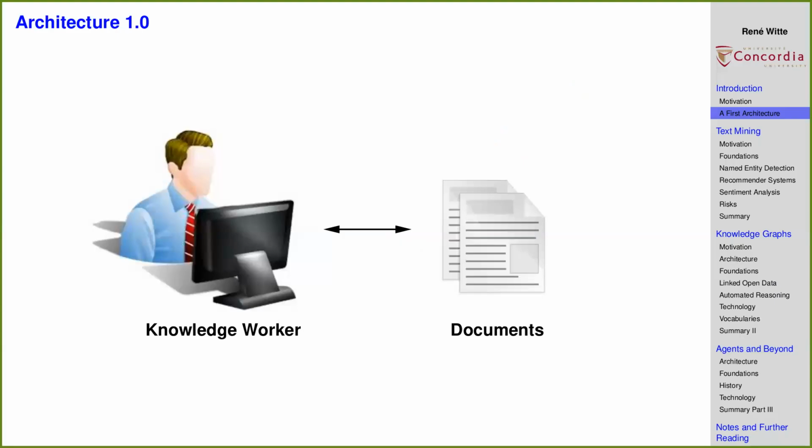So if you look at this from an application perspective, and here application I mentioned in the introduction to the course, we're going to look at applications of AI. We're not going to look at things like gaming. If you look at a knowledge worker who has to work on a task, the old fashioned approach is that this knowledge worker interacts directly with some documents.